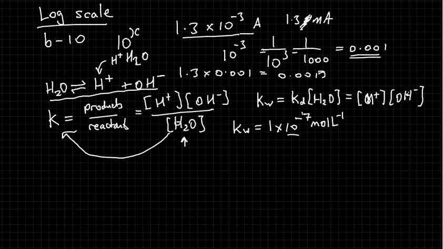Let's say we're at equilibrium, so we have equal amounts of H plus and OH minus. It's pretty easy to show that two equal numbers that multiply to give you 10 to the minus 14 are each 10 to the minus 7 moles per litre.